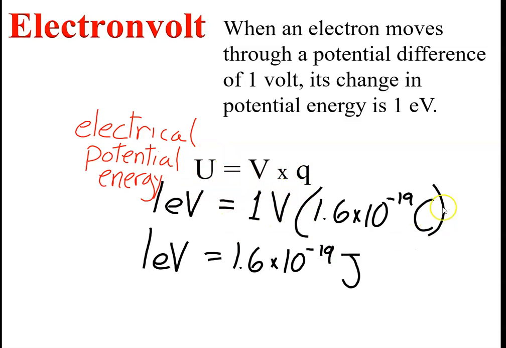So 1 volt, 1 individual charge, we get 1 electron volt, 1.6 times 10 to the minus 19 joules. So if I ask you something about the energy of a charge, I'm probably going to ask for it in terms of electron volts. But just understand that that equates to a very small amount of joules.